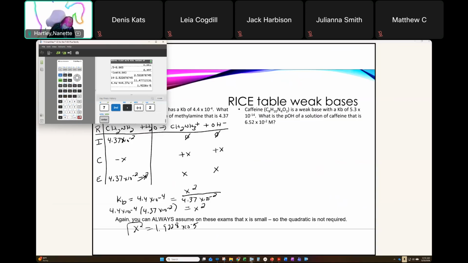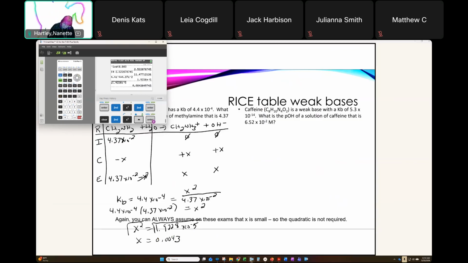Take the square root of both sides, and that gives me 0.0043.